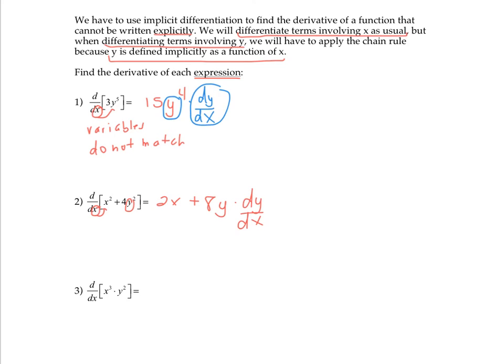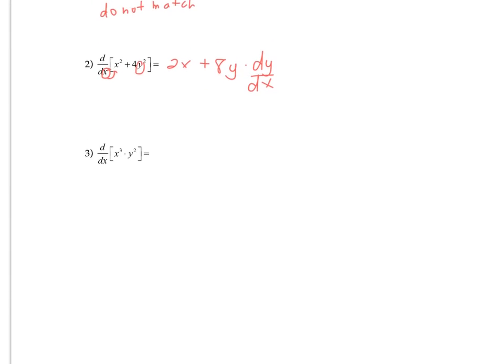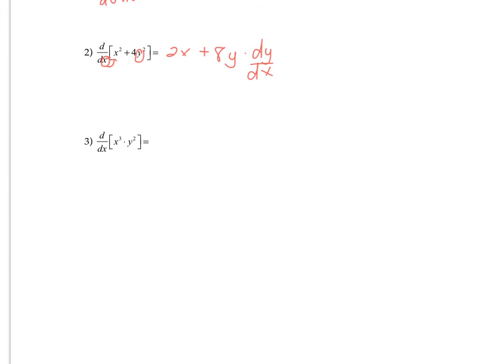Okay, with our last example, we have to apply the product rule. Notice that we have multiplication here. We have 2 terms. So applying the product rule, the first variables match. So we're going to take the derivative of x cubed. That gives us 3x squared. And in the product rule, we keep the second function the same, so it would be y squared.